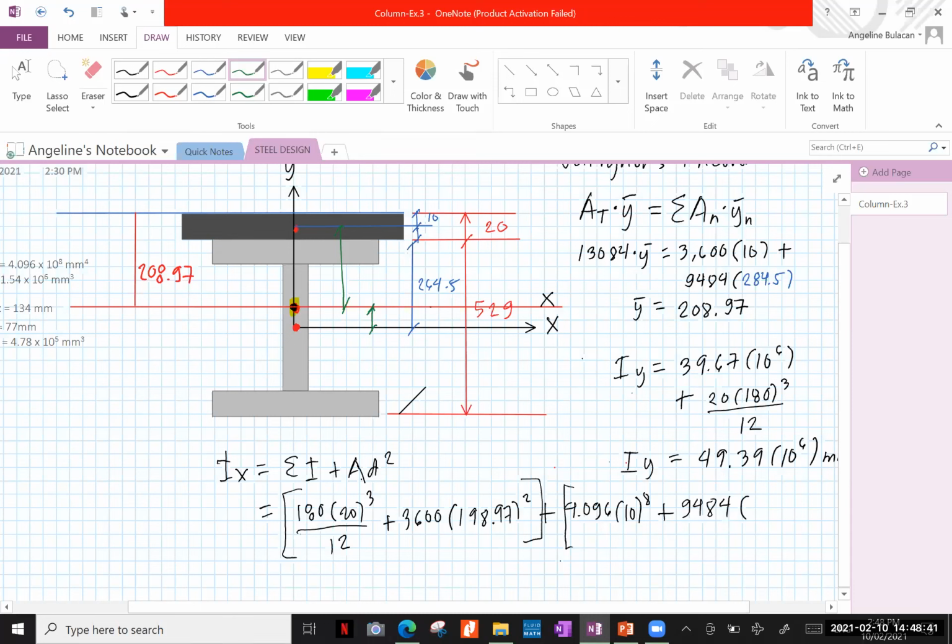So, 264.5 plus 20 para makuha nyo yung height na to, then subtract nyo yung 208.97. This is 75.53, 75.53 squared.